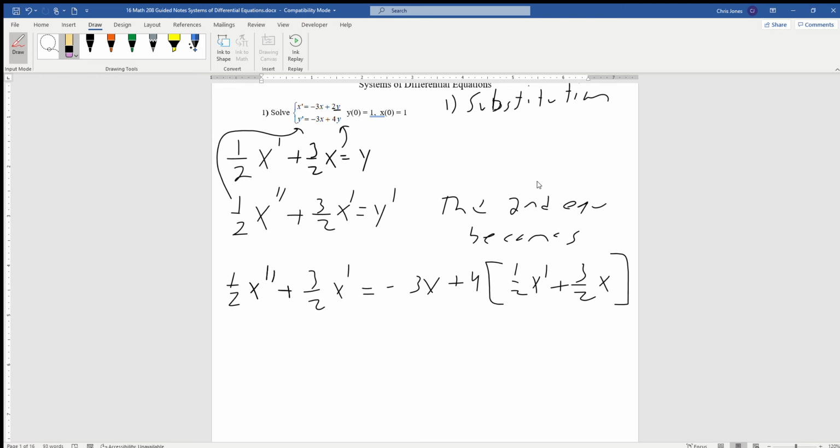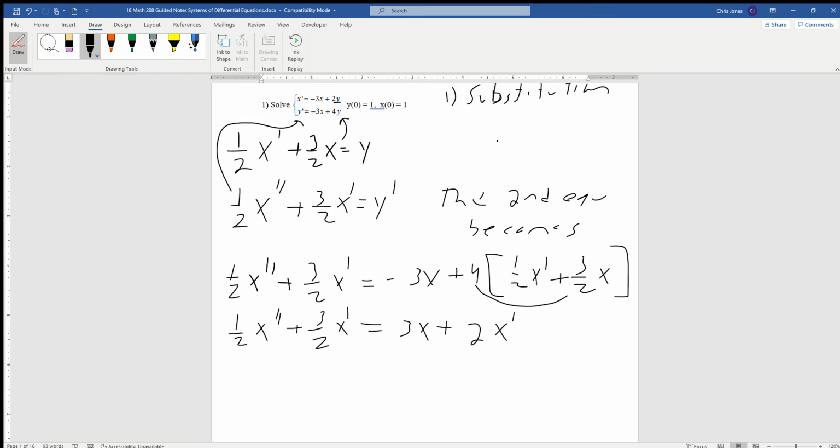So now we just have an equation in terms of one variable, and it's going to be a second order differential, but that's not too bad. We can go ahead and collect like terms and distribute. Notice that we're going to have 6x and negative 3x, so that's just going to turn into a positive 3x. 4 times 1/2 is 2x prime. And then we have this 1/2 x double prime plus 3/2 x prime.